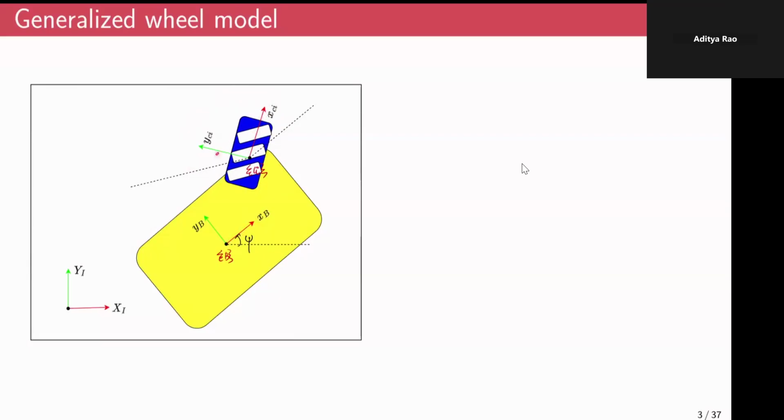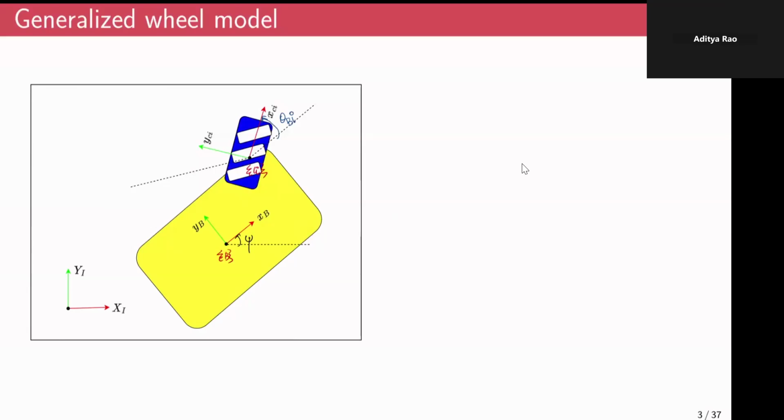If there is no steering angle, the wheel would be oriented like this. If there is some steering angle, it would be oriented like this, right? Depending on the steering angle, the wheel's orientation can change. So we would represent the steering angle using this parameter. I write this relative orientation between XCI and XBI as theta BI, where I is the wheel that we are considering.